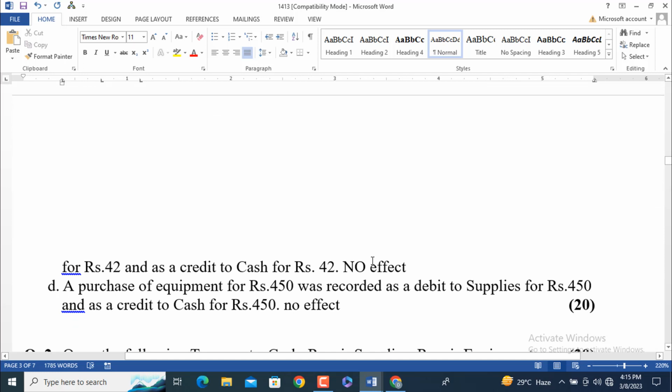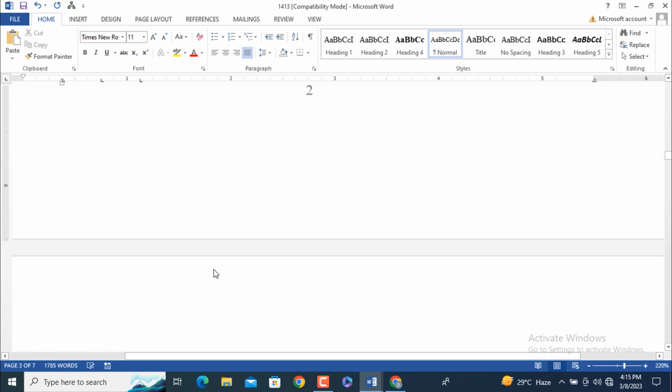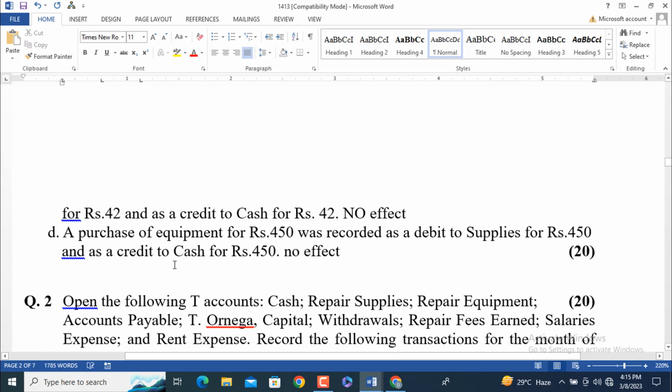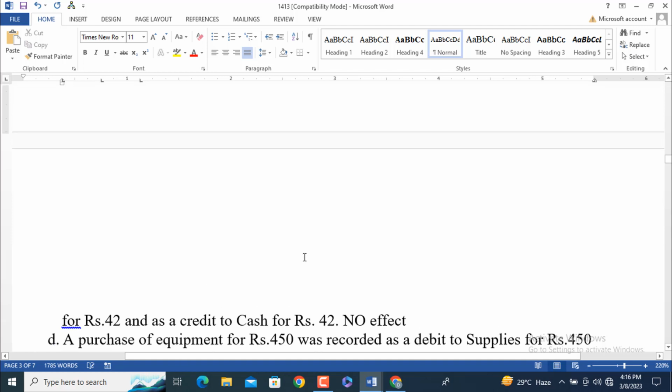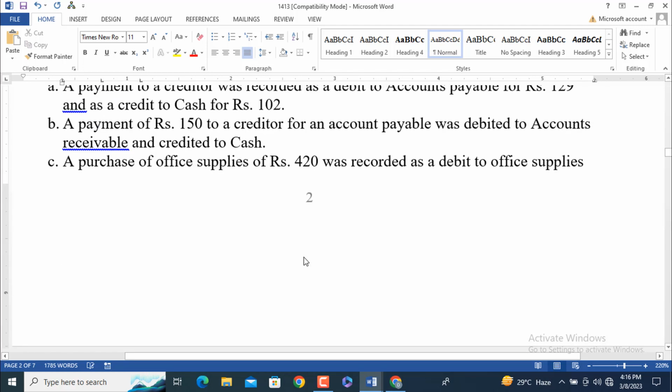Both accounts are related to the debit column of the trial balance, and they have been recorded with a different amount: 420 versus 442. So if you make this correction, it doesn't turn the trial balance totals into unequal. If you make the correction, it increases the total by 378, but it doesn't turn the trial balance total into an unequal position.